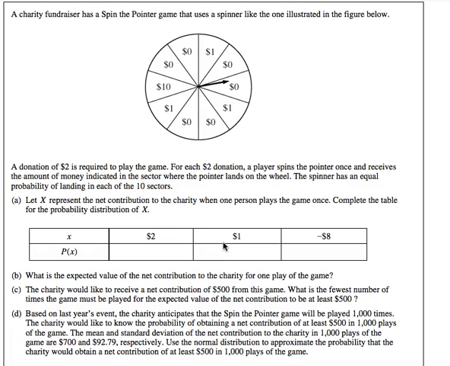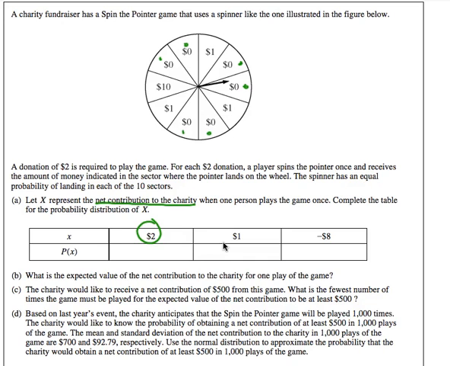All right, so when they spin the wheel, they earn either $0, $1, or $10. Now notice X represents the net contribution to the charity. So for the charity to get $2, it means the person won no money back.